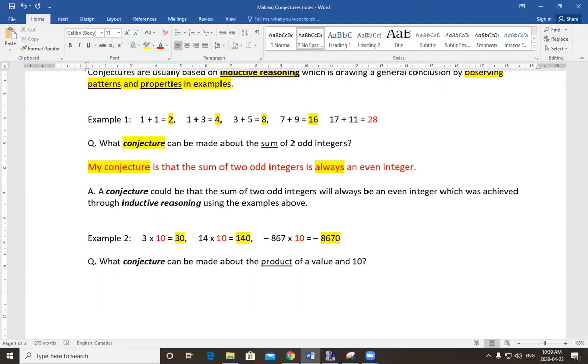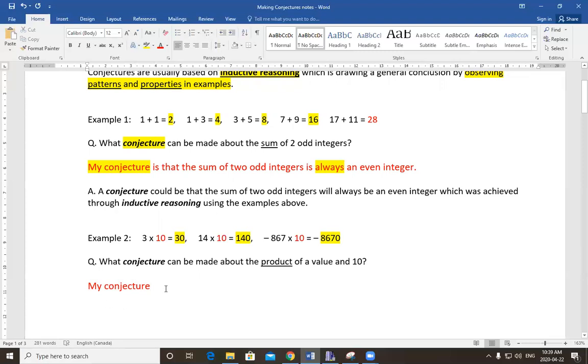And you can state a conjecture in different ways. So how one person words it might be different than another person, but you should always start a conjecture with my conjecture. And then we are going to state our general conclusion. So again, our general conclusion is that when we multiply a number by 10, we're always adding a 0 to the ones position.